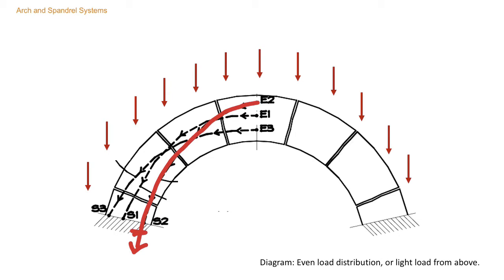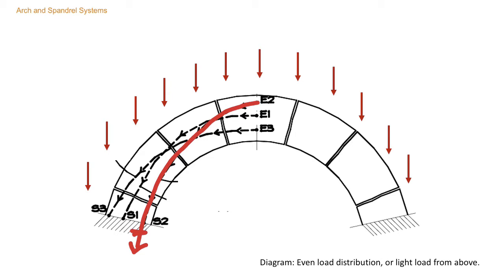As we can see from this diagram below, the weight or the load pressing down on the top of the bridge that we are demonstrating here is a light load. It's not very heavy. It might be a couple of horses trotting across the Pont Saint Martin. We know this because of the trajectory of those compression forces.